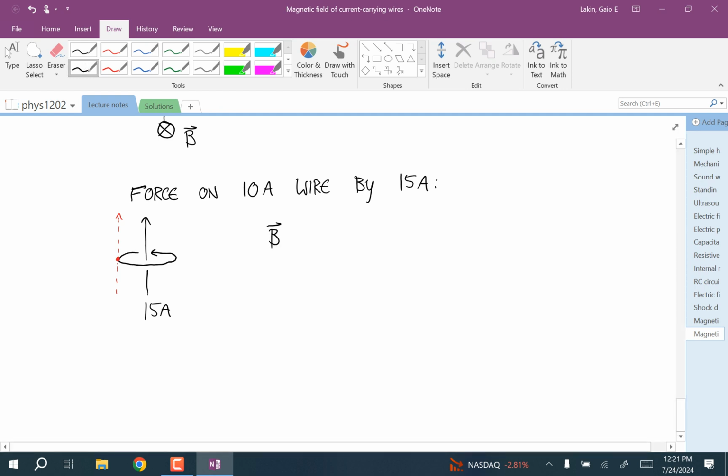The magnetic field vector is equal to 2 times 10 to the minus 7 times, we're calculating the magnetic field produced by the 15 amp wire, so this is 15, and then we're dividing by the distance from the wire to the point we care about, which is 9 centimeters. And we get 3.3 repeating times 10 to the minus 5 Tesla.